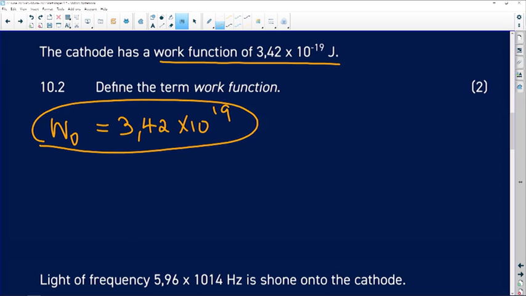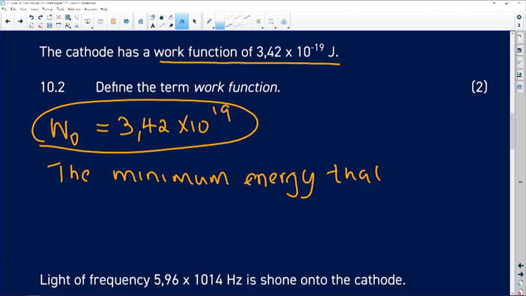Work function, now you get 2 marks in the exam to say the minimum energy that can eject electrons from a metal surface. So we have there the minimum energy that can eject, or required to eject.